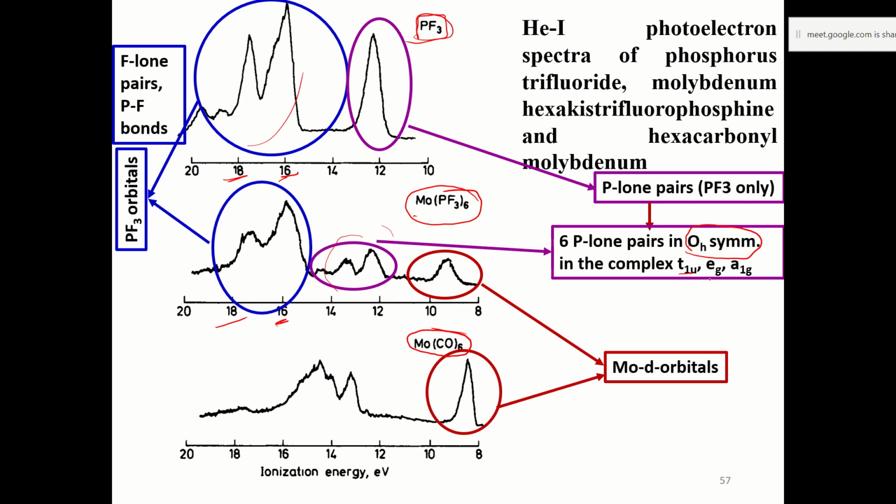So T1u, Eg, A1g. Imagine 6 phosphorus atoms in PF3 6 arranging themselves around the molybdenum atom in an octahedral fashion. So the 6 lone pairs are arranged in this form, and they are classified as T1u, Eg, A1g, with degeneracy 3, 2, 1. T1u means triply degenerate, 3 2 1.